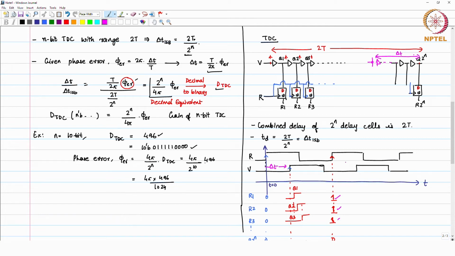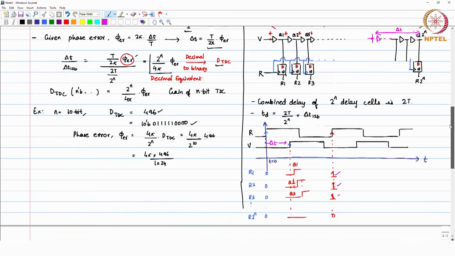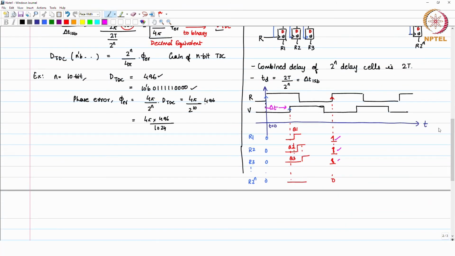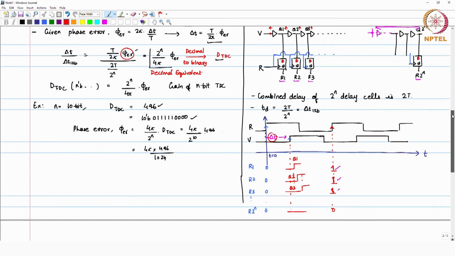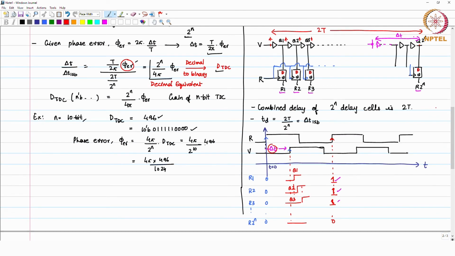Okay. So, what we need is that whatever register values you get are saved, and these register values are summed up to give you a representation of this delta t error. Okay. So, what you see here is that we need such delay cells.